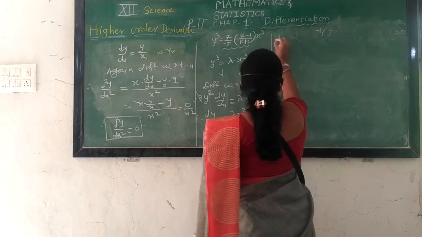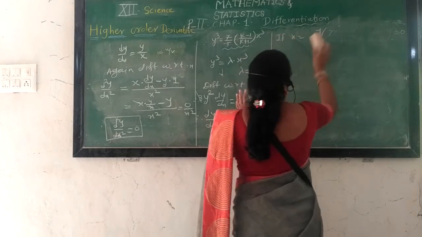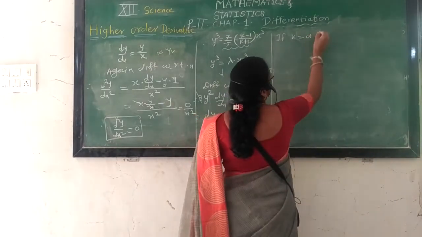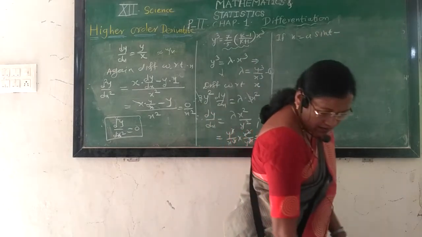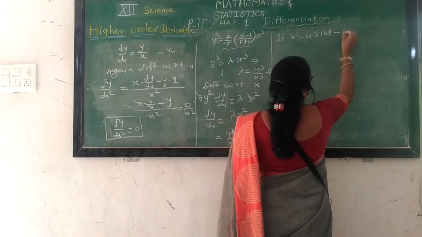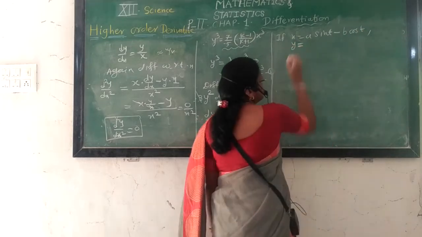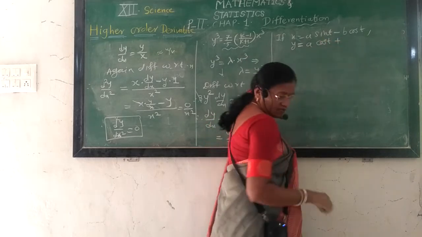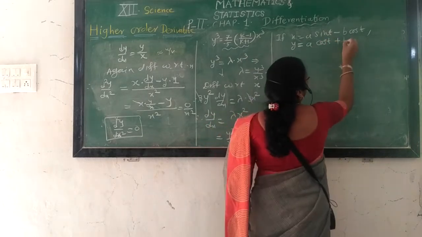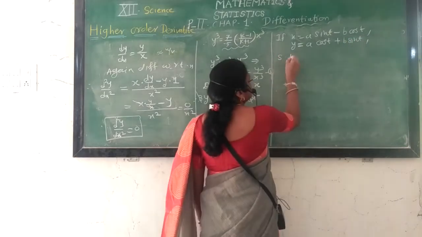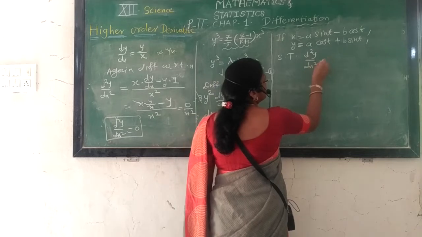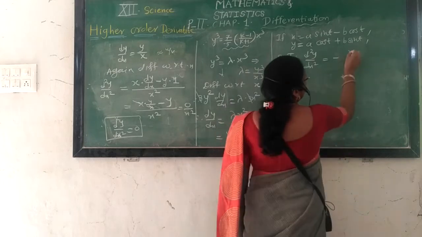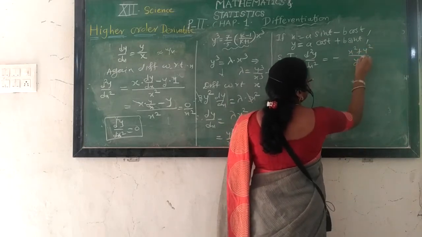If x is equal to a sin t minus b cos t and y is equal to a cos t plus b sin t, then show that d2y by dx square is equal to minus of x square plus y square upon y cube.